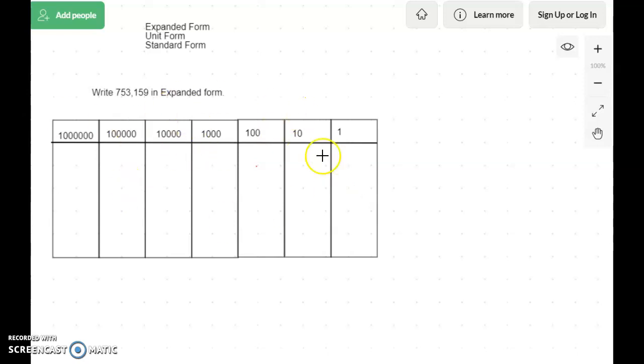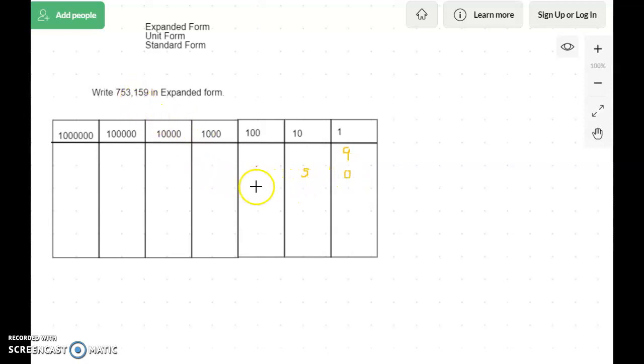As you can notice, I have a place value chart here now. That's another thing that you can do to help you if you're really stuck on expanded form. So I have 9 in my ones column. I have 5 in my tens column, or I could say 50.